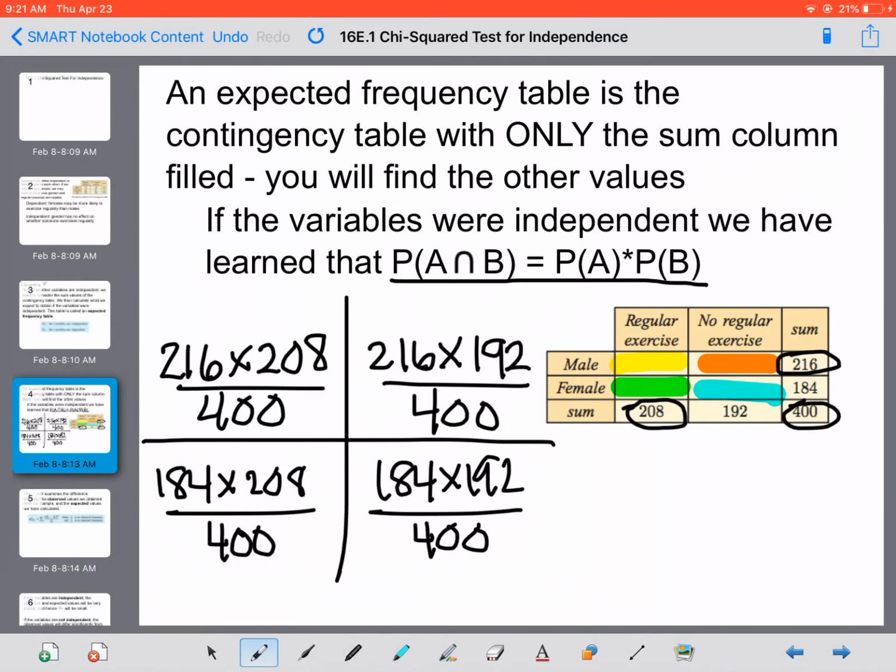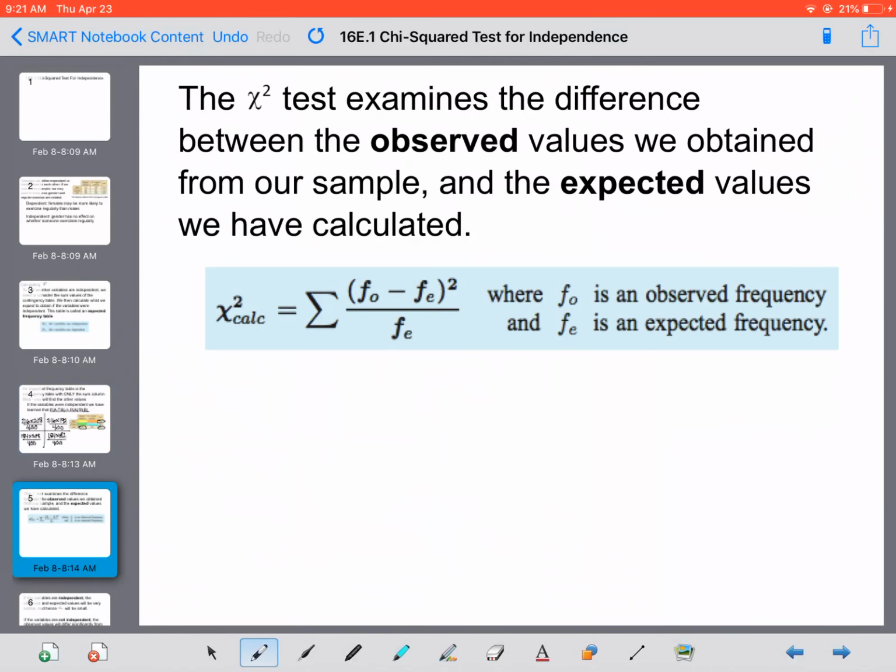So let's remember our chi-squared test when we are comparing our observed values to our expected. This has not changed. This is the same test as the goodness of fit test, but the goodness of fit is done a little differently because it is one categorical variable, whereas here we have more than one category. And so we have our observed minus our expected squared divided by our expected, and it's the sum of all of those.